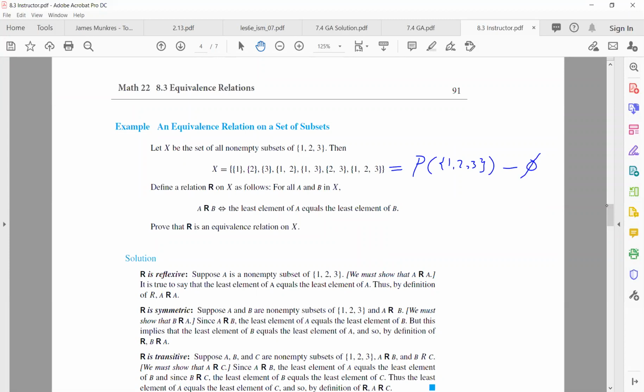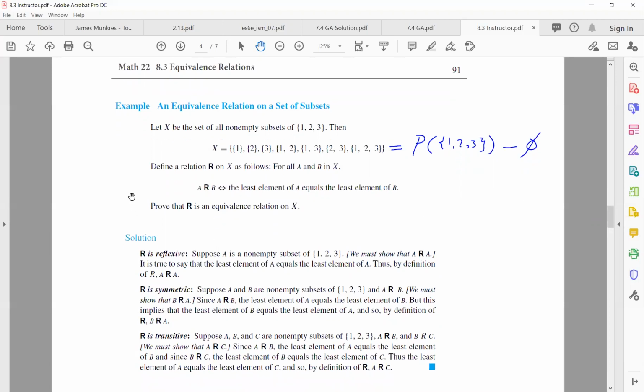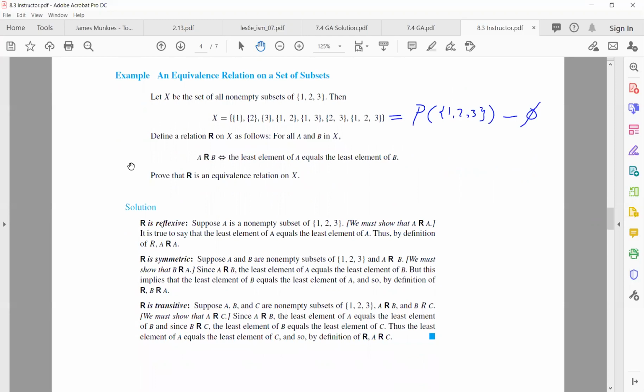Okay, this relation says A is in relation with B through R if and only if the least element of A equals the least element of B. Okay, perfect. Let us show that R is reflexive. Why is that?